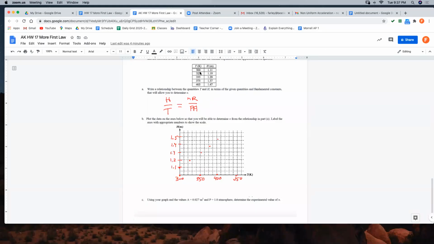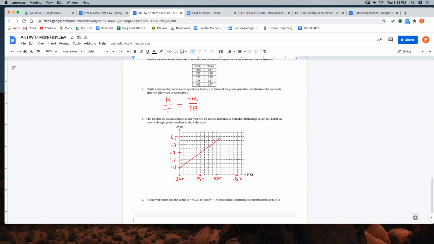Okay, so now I plotted up the temperature on the x-axis, and I plotted the H on the y-axis. So now if I get the slope, let me see if I can figure out how to do this, make a best fit line-ish.